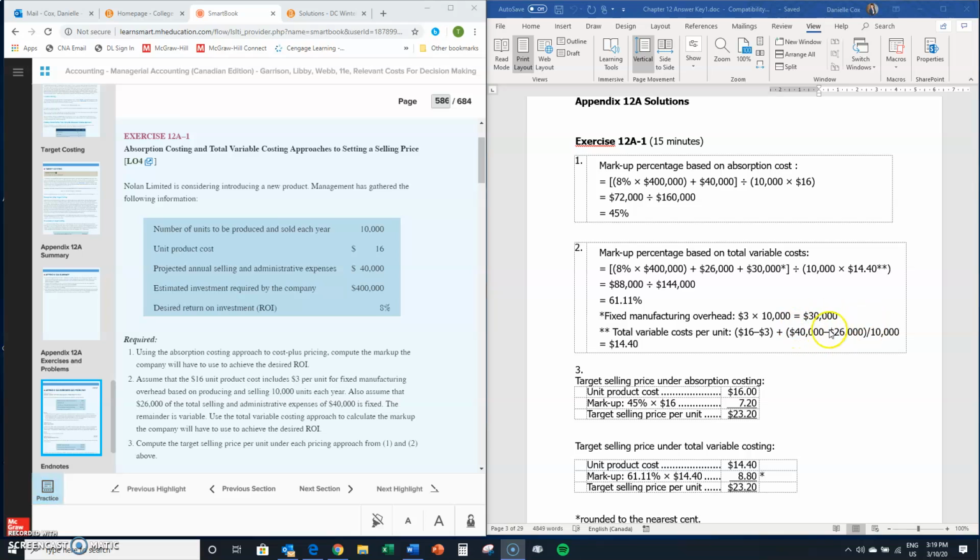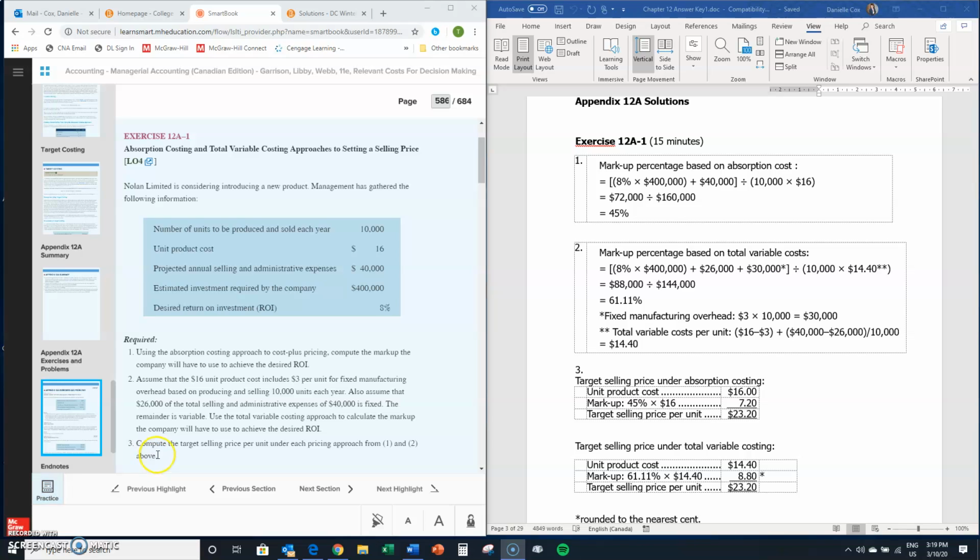But this amount here, we have to take the 40 minus the 26, which is 14, and divide it by the 10,000 units, and we add those together, we get $14.40. So now we just work that equation out, and you get 61.11%, which is going to be the markup.